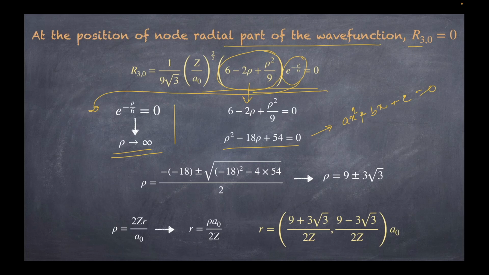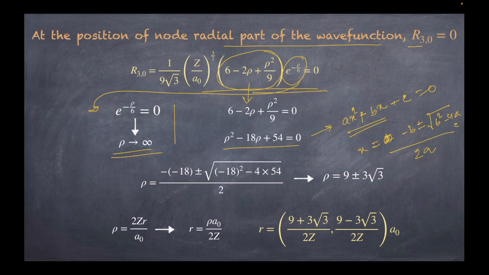We can solve this type of equation by using x equals minus b plus minus root over b square minus 4ac, divided by 2a.